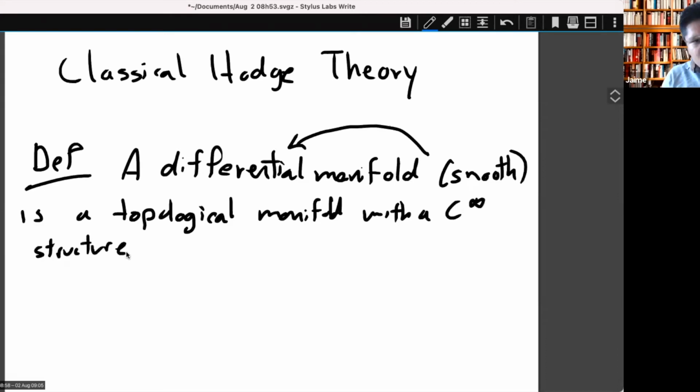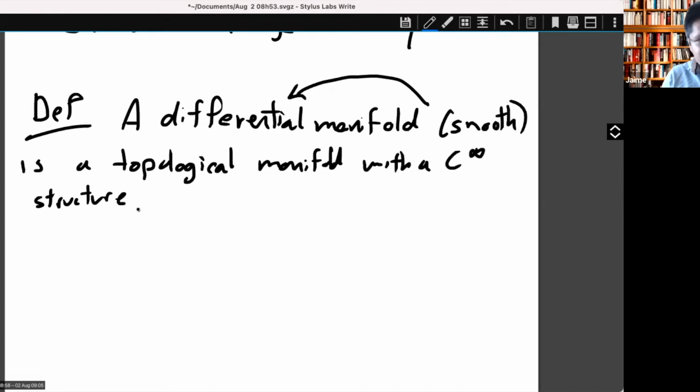For those of you who don't know what this is, a topological manifold is a topological space M that is Hausdorff and locally Euclidean.